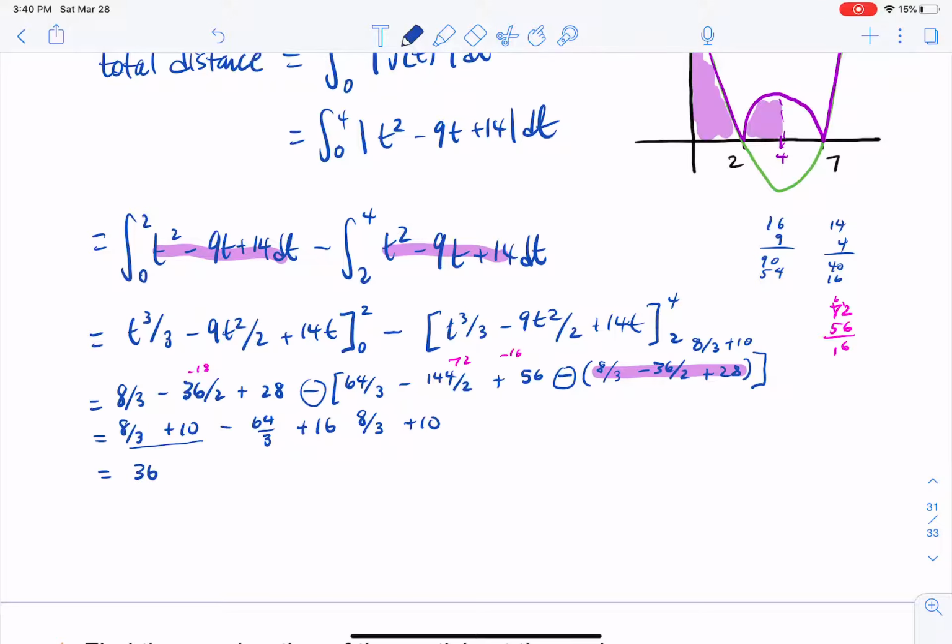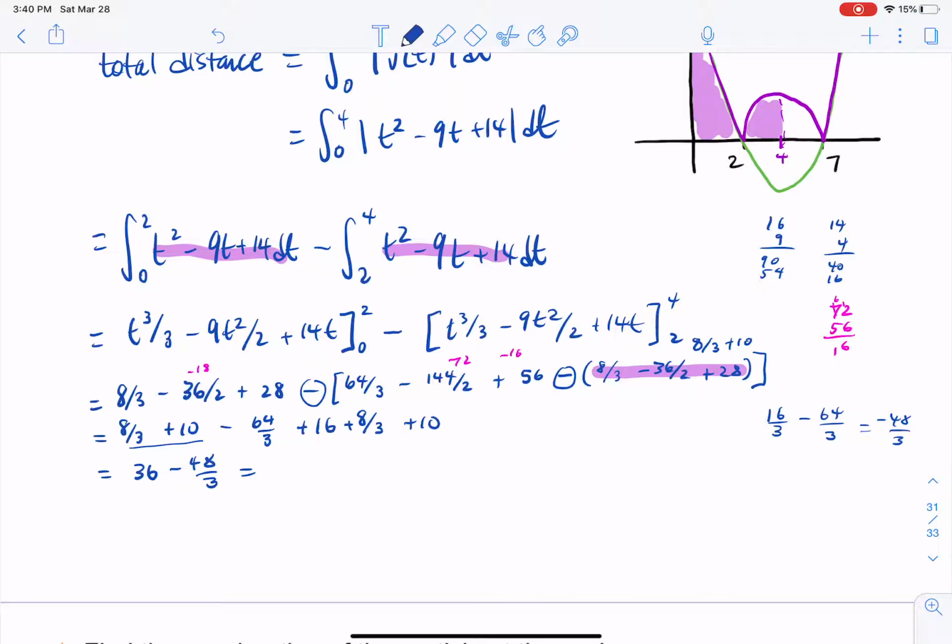And then as far as my fractions go, I've got 8 and 8, that's 16. So I've got a positive 16/3, and I also have a minus 64/3, which makes a negative 48/3, I think.